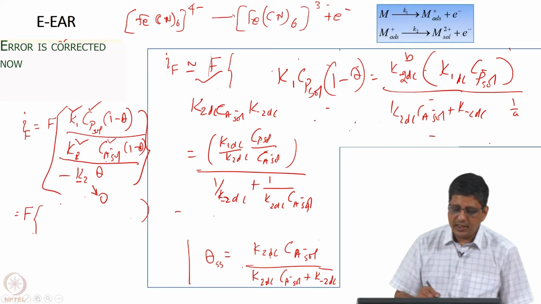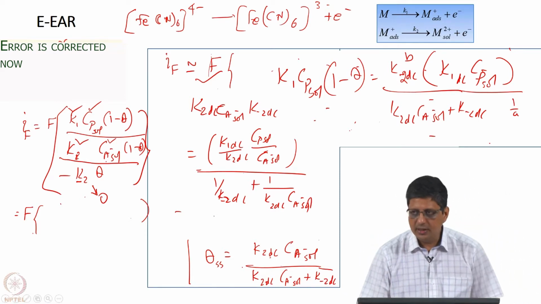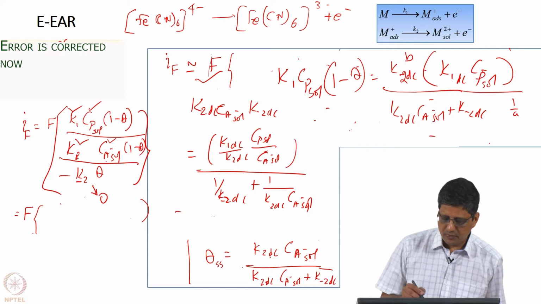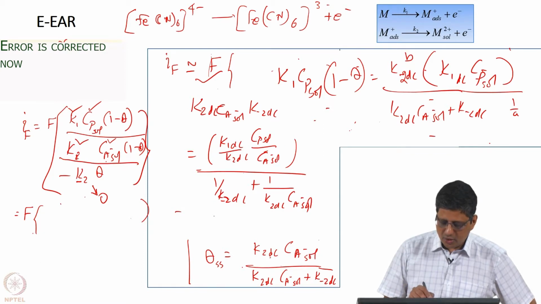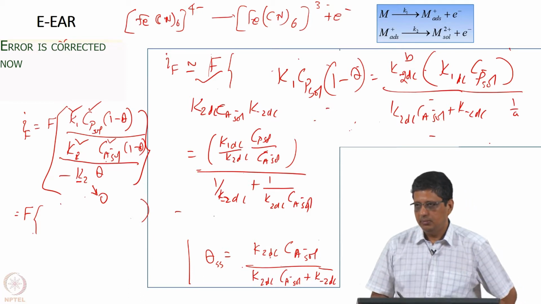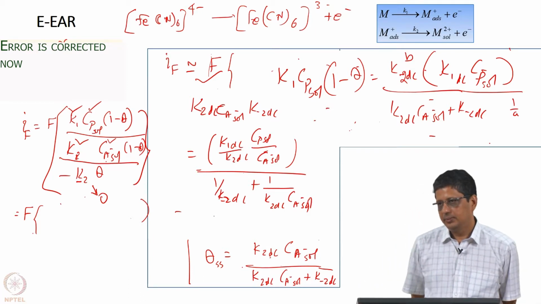Let us divide by the factor K2 dc, Ca minus solution, K minus 2 dc. In the numerator you are going to get K1 dc by K2 dc, Cp solution by Ca minus solution. In the denominator you are going to get 1 by K minus 2 dc, 1 by K2 dc Ca solution. Correct.